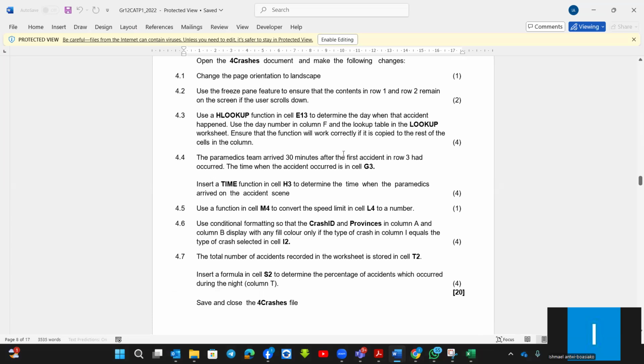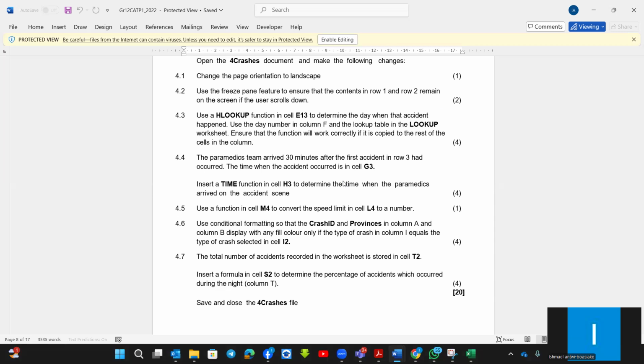The paramedics team arrived 30 minutes after the first accident in route 3 had occurred. The time when the accident occurred is in G3. Insert a time function in H3 to determine the time when the paramedics arrive on the accident scene.